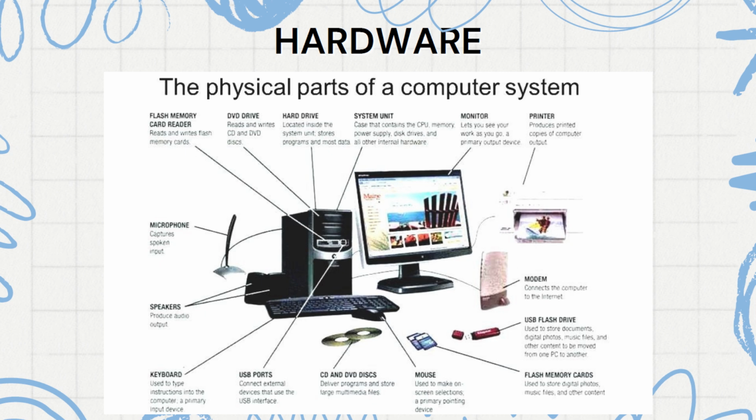Next is the system unit. The system unit contains the CPU, memories, power supplies, disk drives, and all the internal hardware. Next is the monitor, which displays visual information on its screen. Next is the printer, a part of the computer that produces copies of computer output.